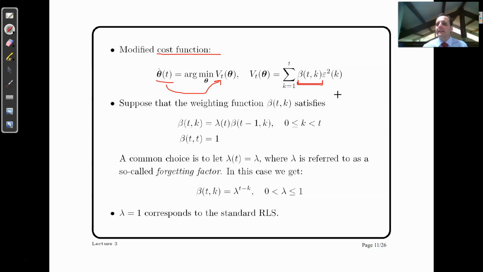The classical least square, where the weighting is one, considers all the data with the same weight, the same importance. Because if you remember, the solution is obtained by minimizing the summation of the equation error, the square of the tracking error.